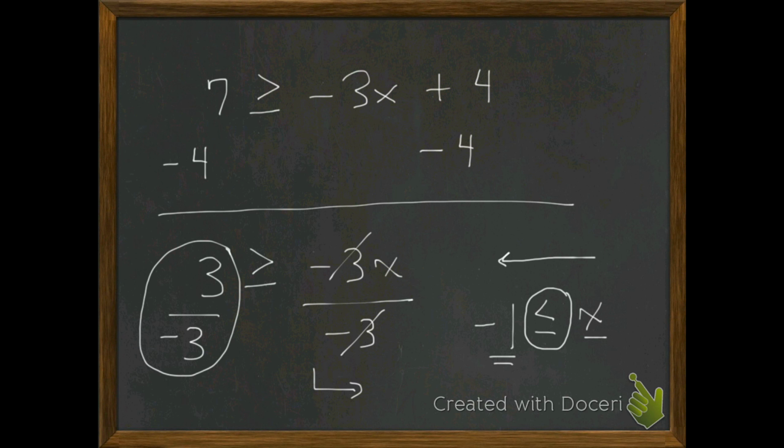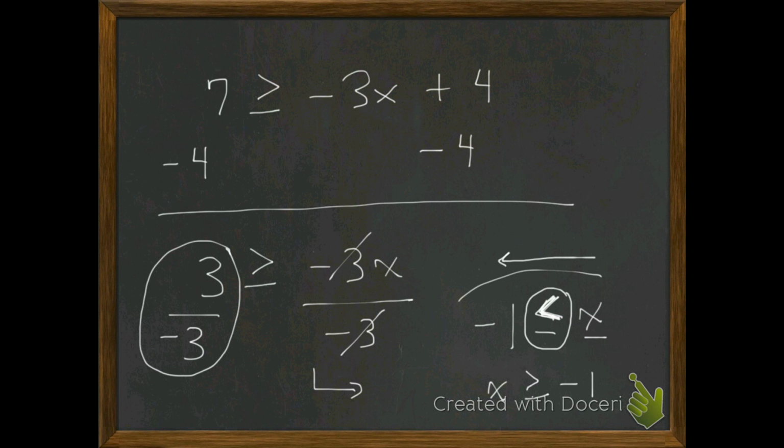Now some students find that kind of hard to see it that way, and they find it more advantageous to change the direction. Put the x over here. Notice that the big part is going toward the x. So guys, when I rewrite that, the big part has to go toward the x. And then I have negative 1.